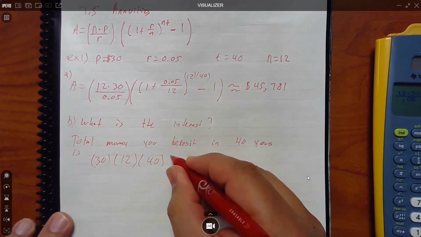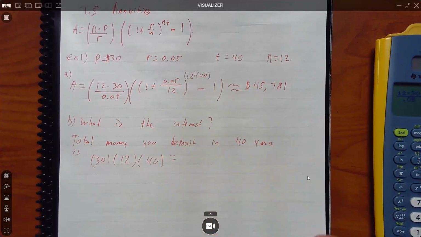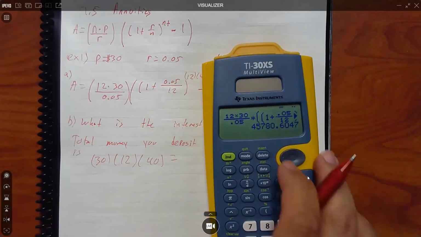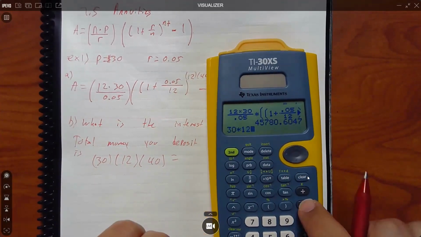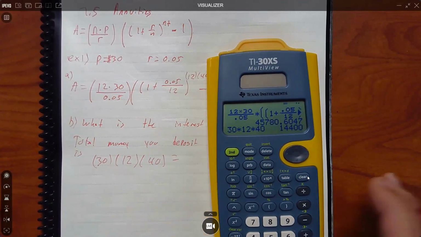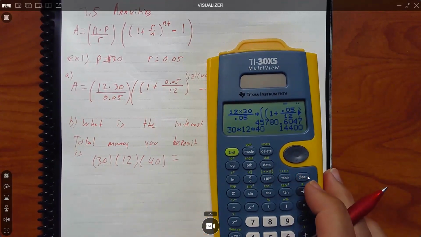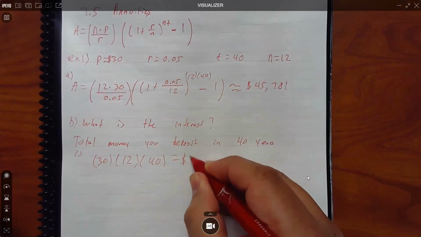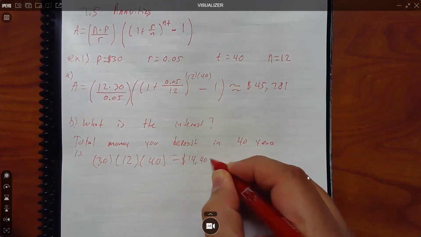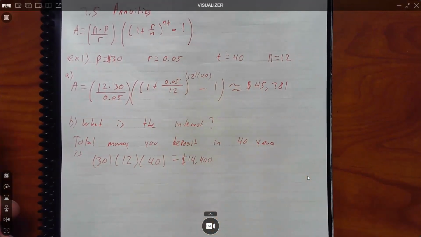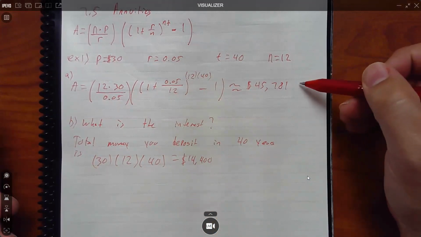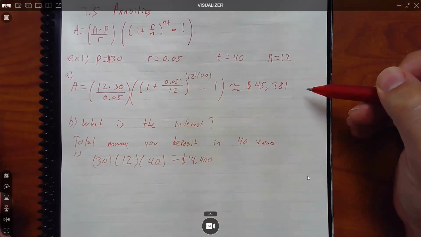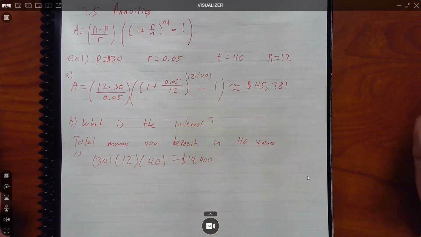So this is the actual money I gave away. I deposited or whatever. So the actual money that went in there is only 14,400. But thanks to all that interest, I made quite a bit, right? So how much did I make in interest?